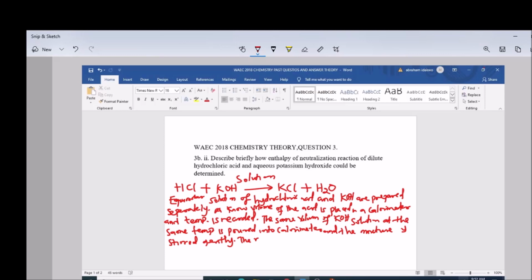Then you can say that the heat lost in the solution is equal to the heat gained by the solution.